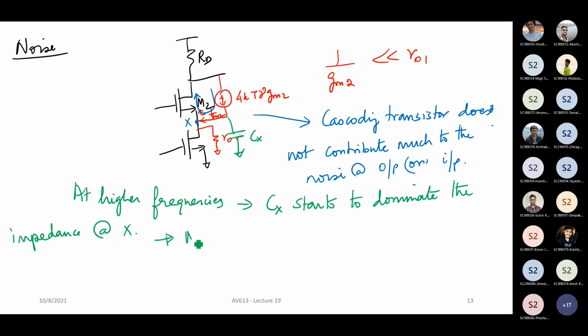So then the noise of M2 starts appearing at the output. Okay. So this is a very important concept. Keep it in mind, because when we do all the other op-amp designs, these things come into the picture. These are all very fundamental things that we are learning, which we'll directly apply when we do the op-amp design. Any doubts, any questions?